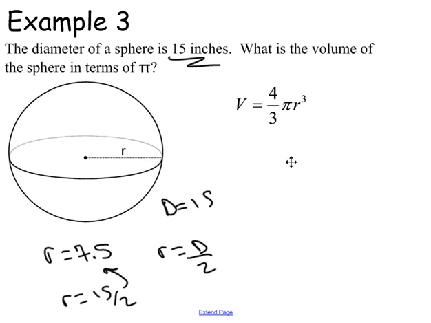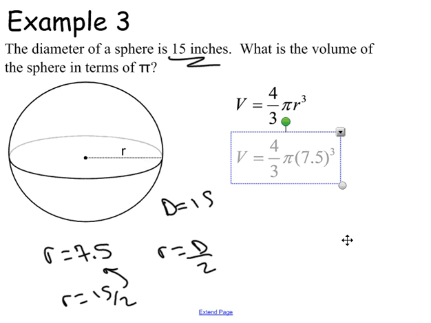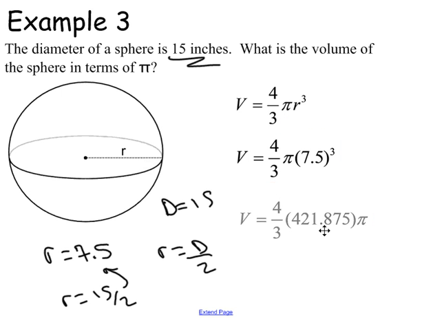So we substitute. To get the volume of a sphere, all you just need is the radius. So we're going to get 7.5 cubed, and that will give us 421.875 pi times 4/3. So we're going to multiply that 421.875 by 4/3.